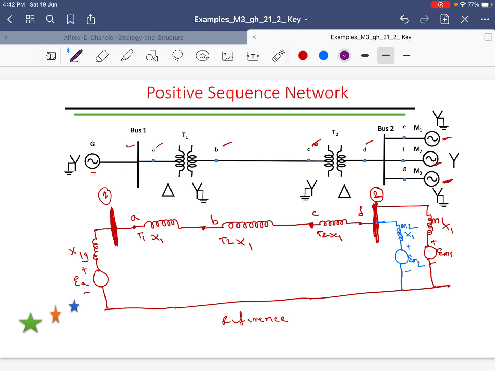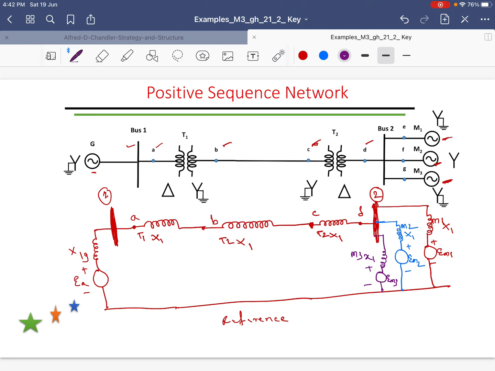Then similarly, I will draw a third one, that is its reactance and its source of voltage. This is EM3, it is X1 of motor 3. It is very simple.